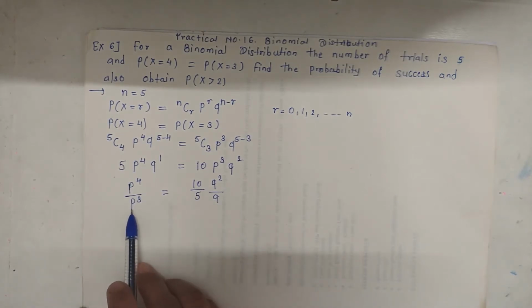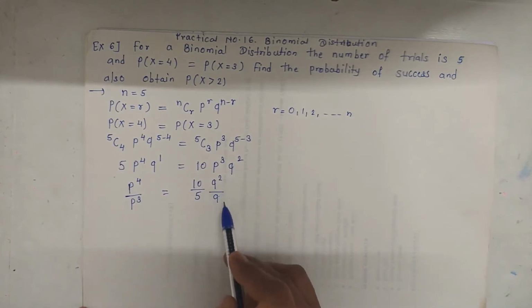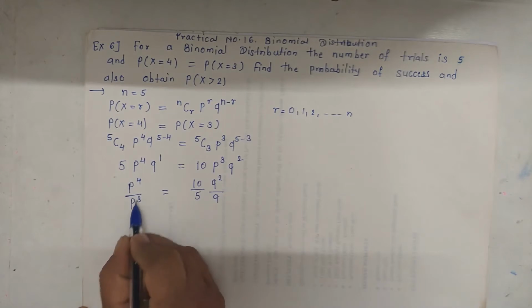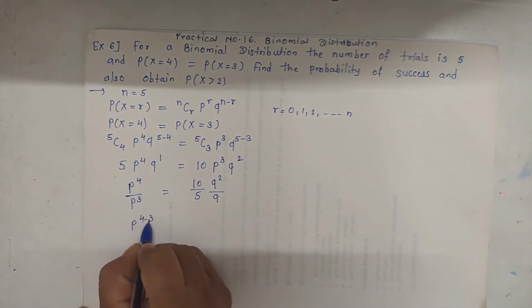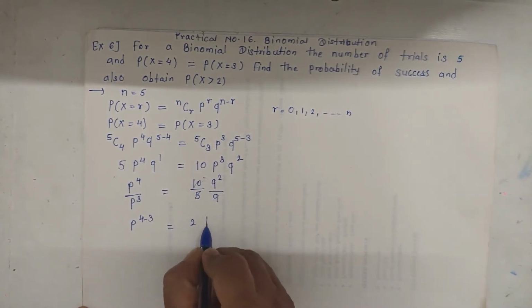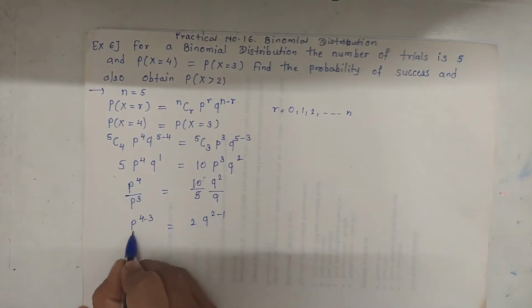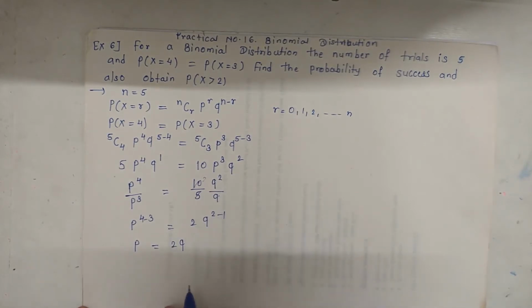By transferring p cube to the left side and q to the right side, we get p raised to 4 upon p cube is equal to 10 by 5 q square upon q. So by subtraction of indices, we get p raised to 4 minus 3 is equal to 5 2s are 10, q square minus 1. So here p raised to 1, that is p, is equal to 2, q raised to 2 minus 1 is equal to 1. So we get p is equal to 2q.